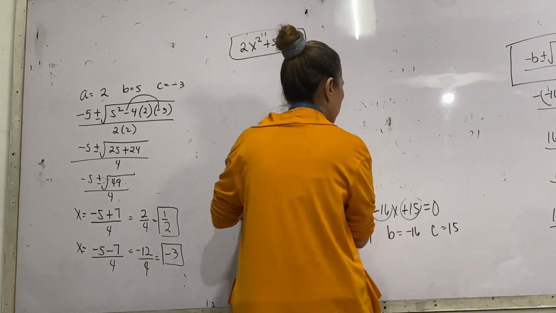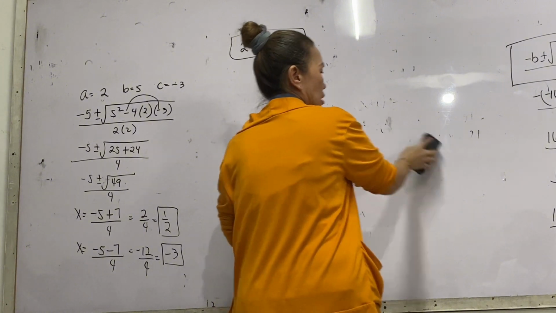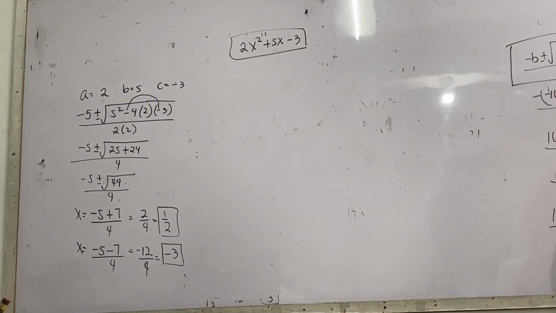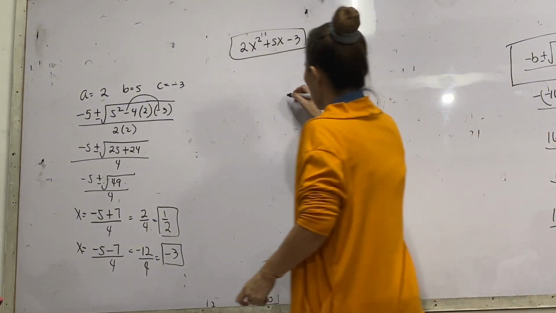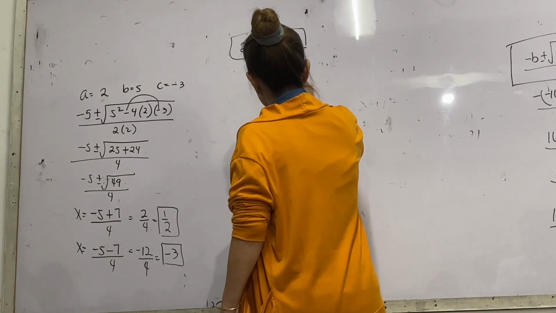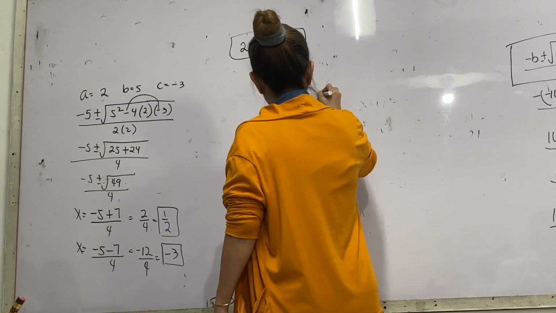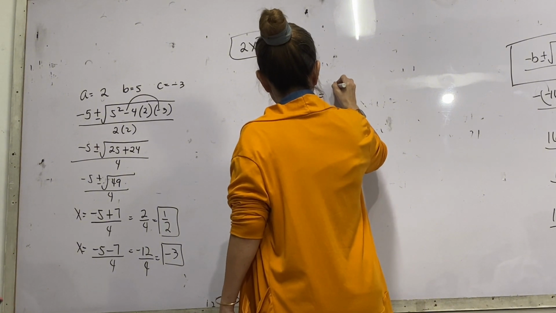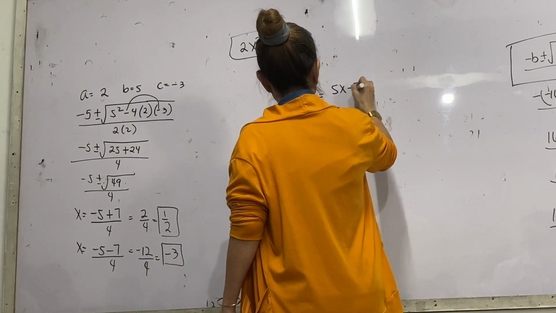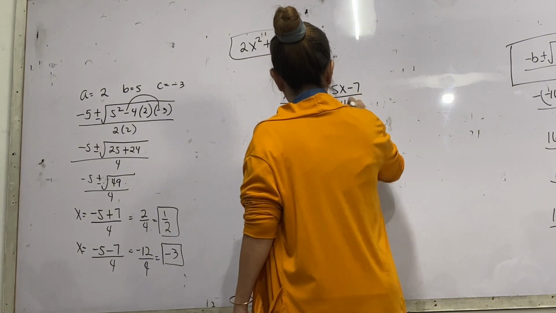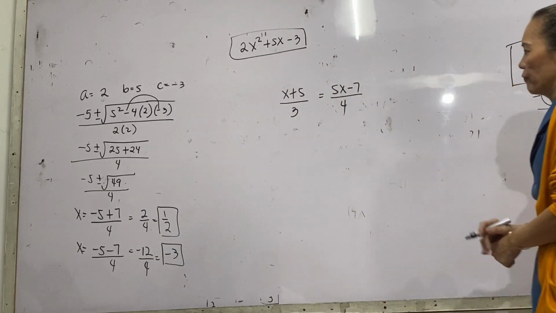Let's say we have here a simple example muna tayo ng rational function. Let's say we have here x plus 5 over 3 is equal to 5x minus 7 over 4. Paano daw natin isolve for the value of x?